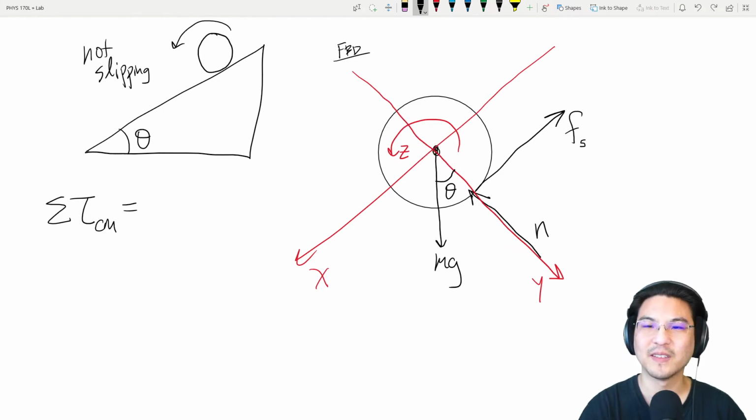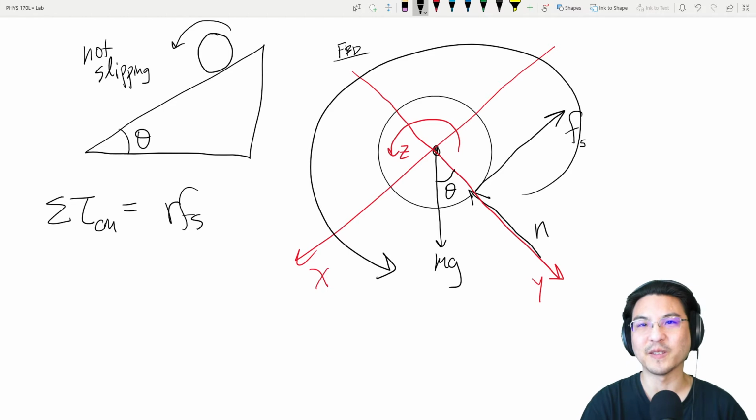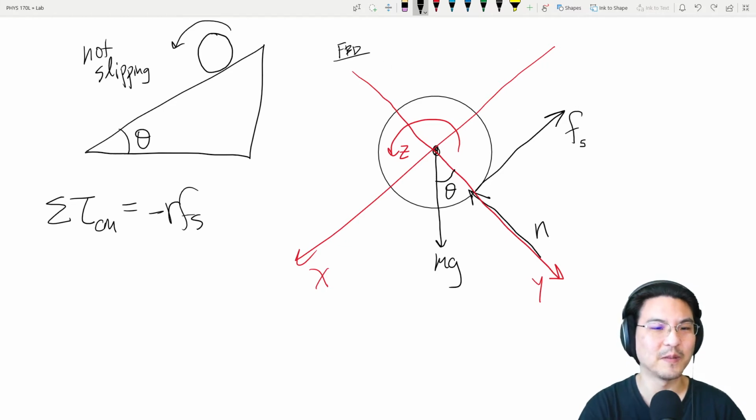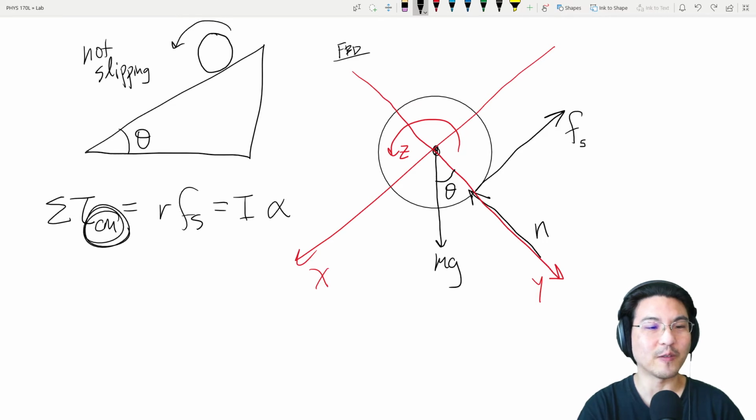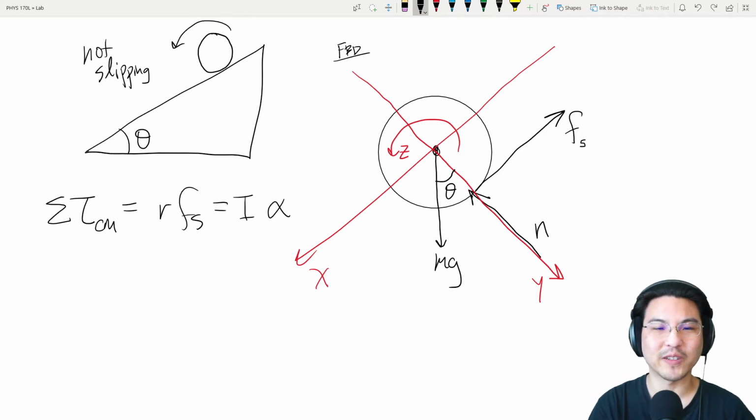Only this force. The lever arm from here to here is R, and it's going to go this way, which is in the positive z direction. So this is positive. There's only the one torque, equals I alpha, so that's the moment of inertia. But which moment of inertia? Because I sum torque about the center of mass, this moment of inertia should also be about the center of mass.